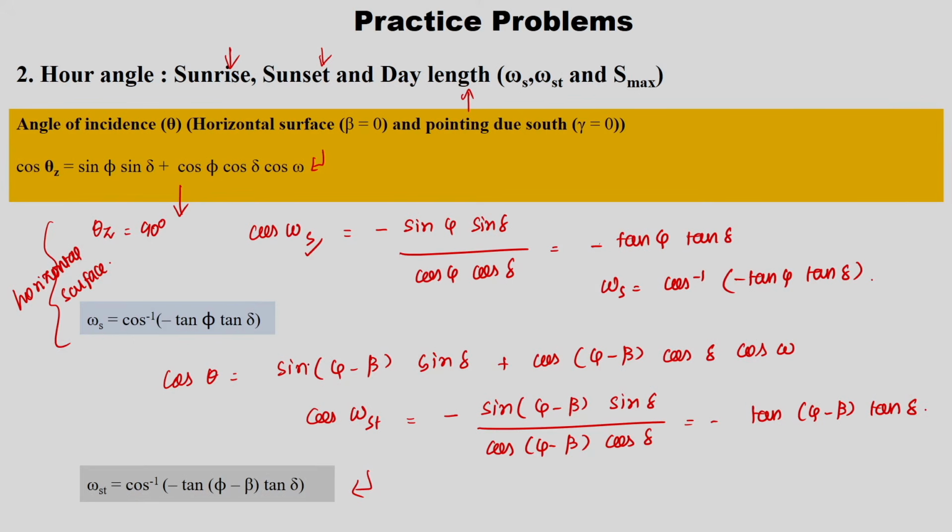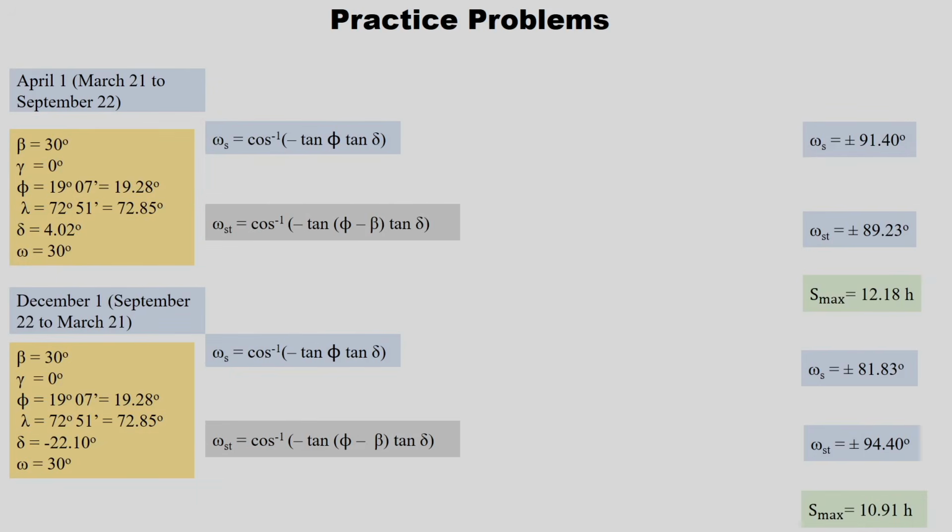Normally, this particular formula derived for a horizontal surface can also be used to calculate the hour angle of sunrise and sunset for a tilted surface as well, but we need to be a little bit careful in doing so. We will see that through this example.